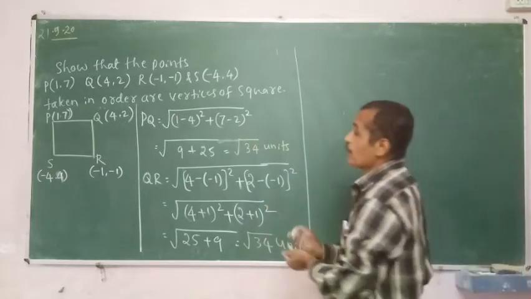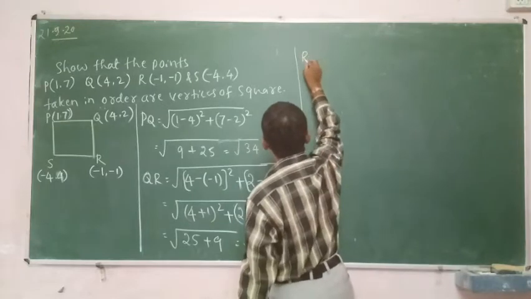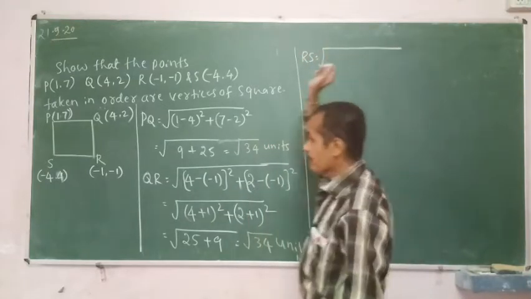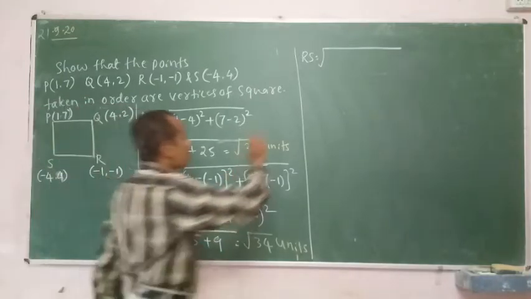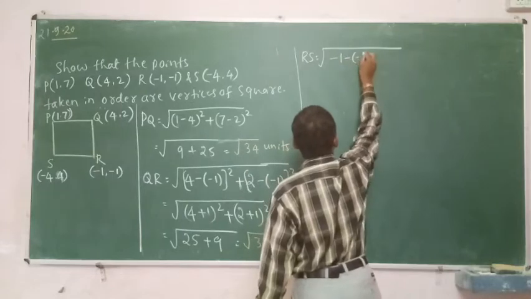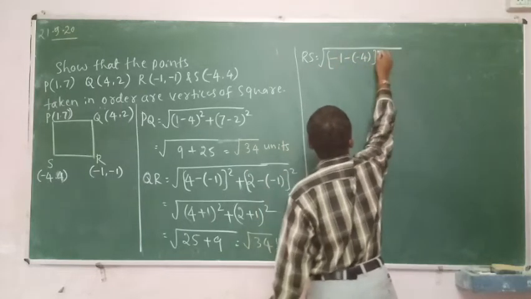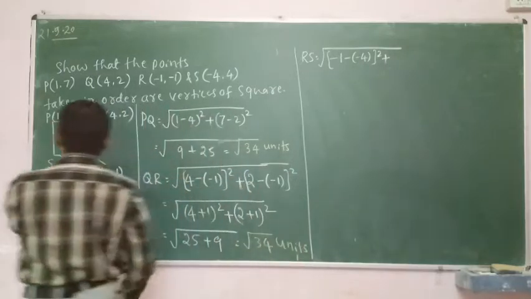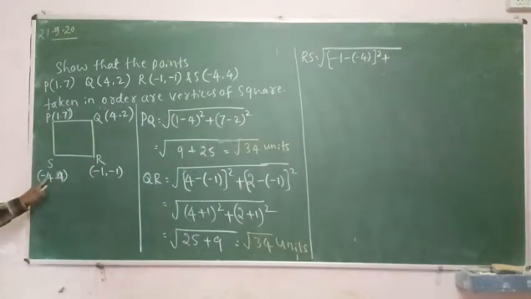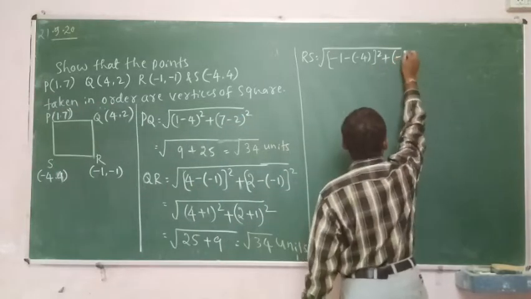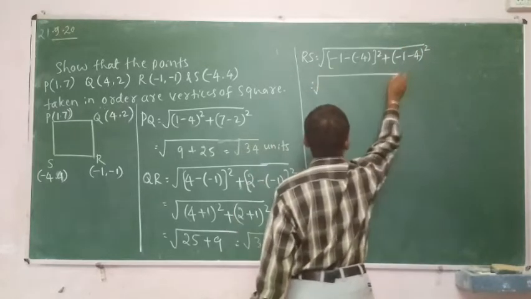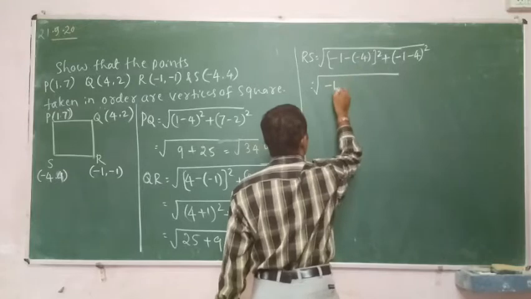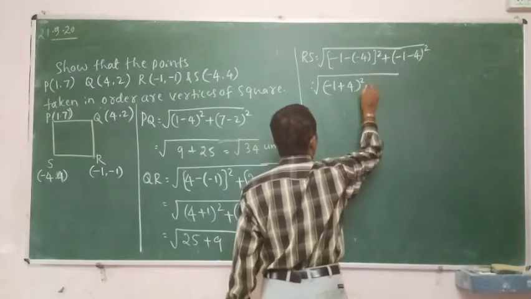Come on, we'll go for RS. RS is under root of (-1 minus of minus 4) the whole square plus (-1 minus 4) the whole square. Minus of minus is plus, so (-1 plus 4) is 3, and 3 square is 9.